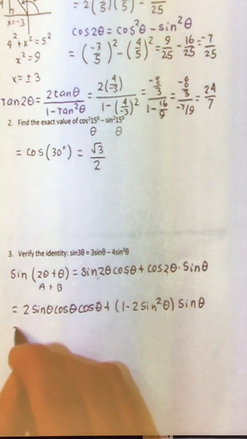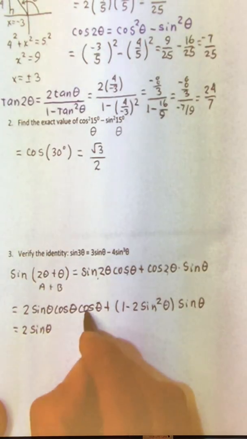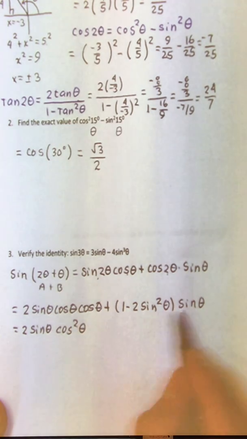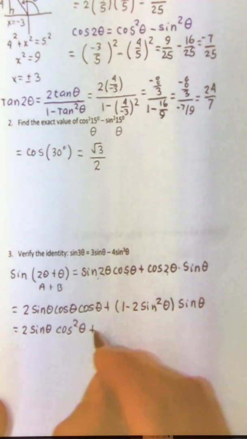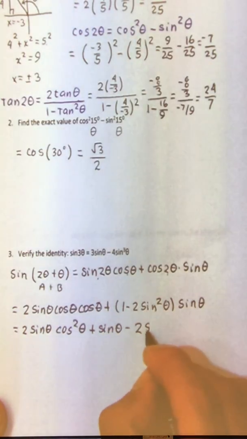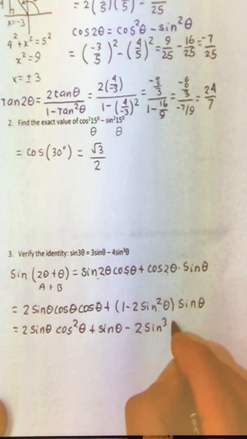So what do we have? We'll simplify a little. 2 sine theta times, this is cosine squared. And in here we have a little distribution to do. So 1 times sine theta minus 2 times sine squared times sine will give us sine cubed theta.